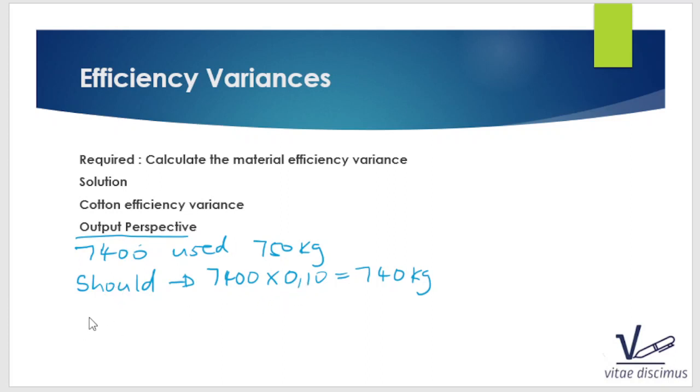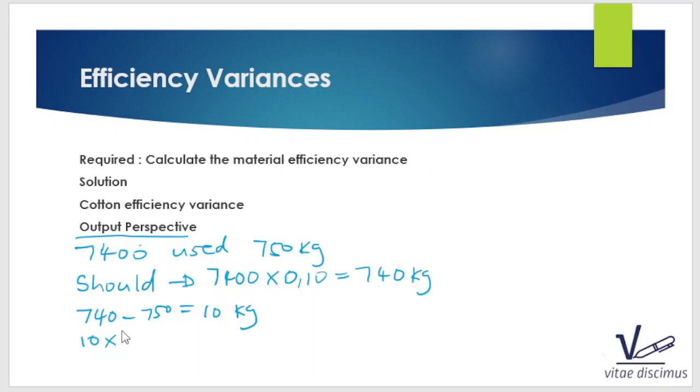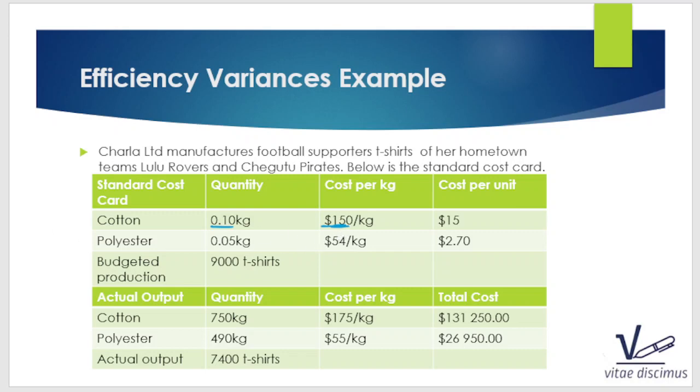So now we have a problem. We're supposed to use 740, but we have used 750. So we have wasted 10 kilos of cotton material. Those 10 kilograms, how much was each kilogram coming at? We take the standard cost because the variance is in the quantity, so we hold our standard cost constant. So we're going to be using that $150 a kilo.